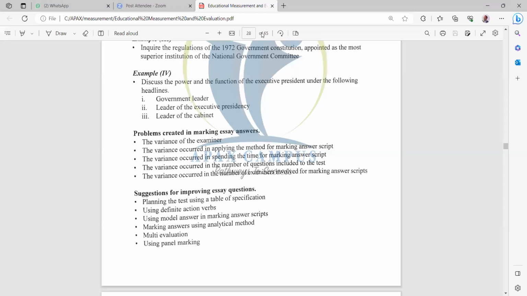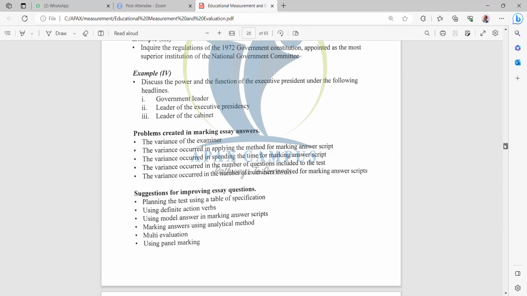So it should be an essay type question. On the other hand, it should be a supply type question, right? So select any subject area and topic area you like, and just write one good essay type question.